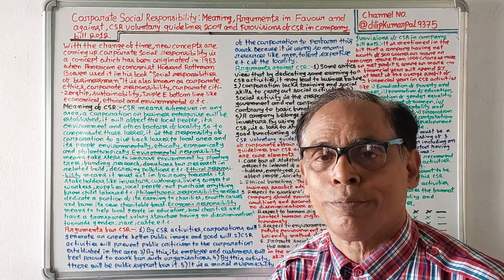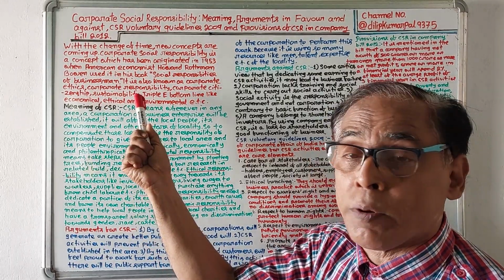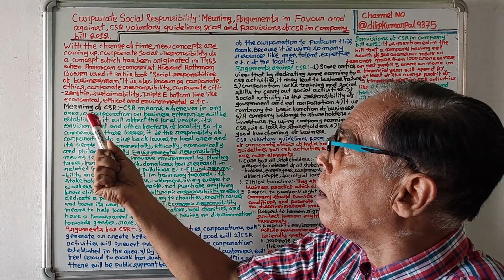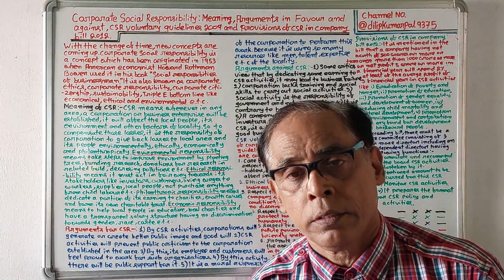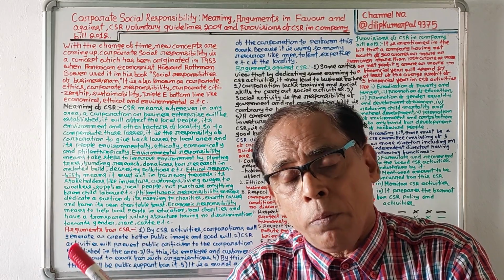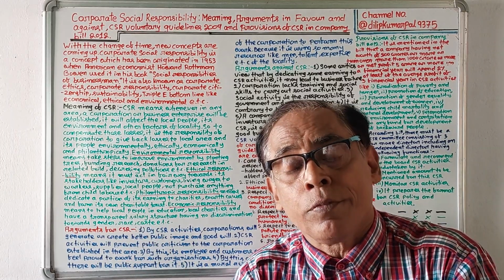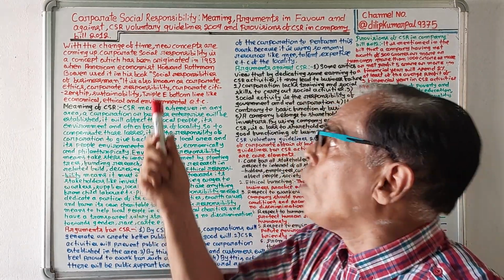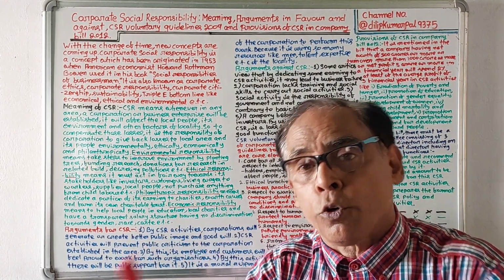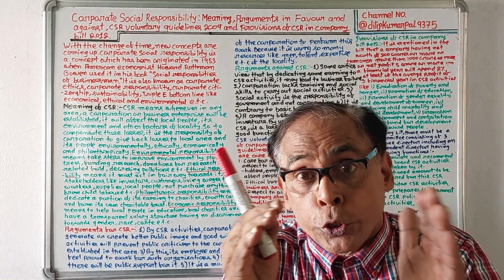It is also known as corporate ethics, corporate responsibility, corporate citizenship, sustainability, triple bottom line like economical, ethical and environmental, etc.